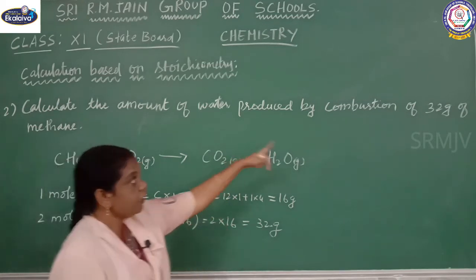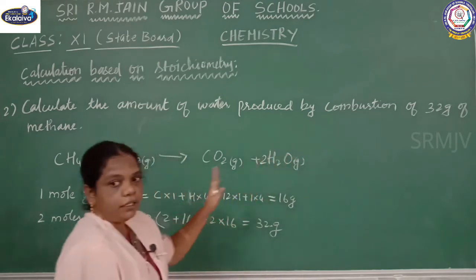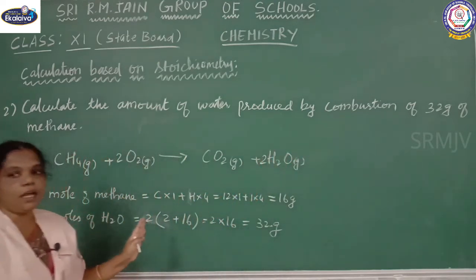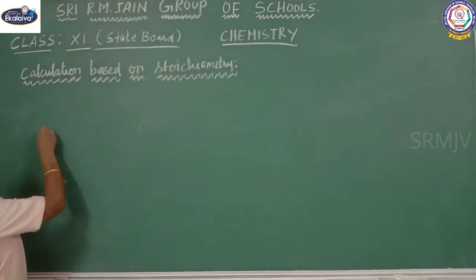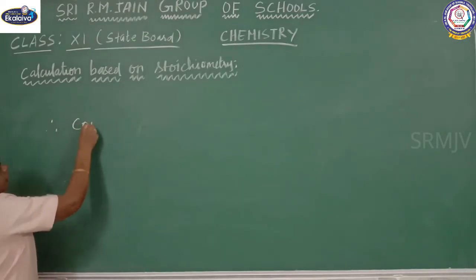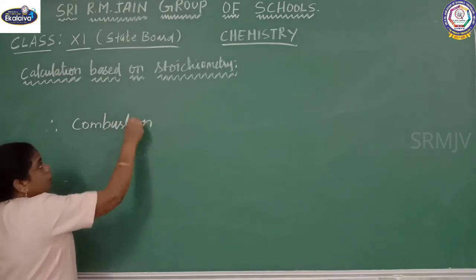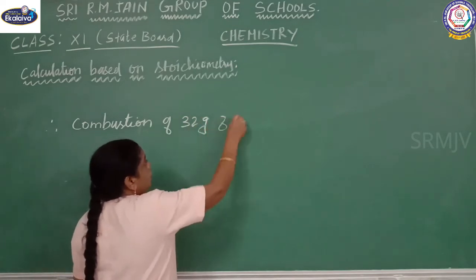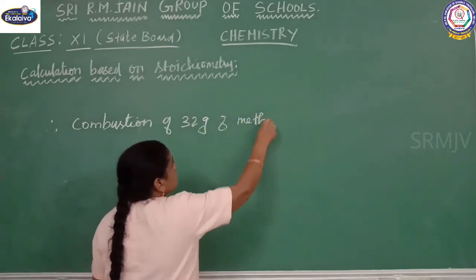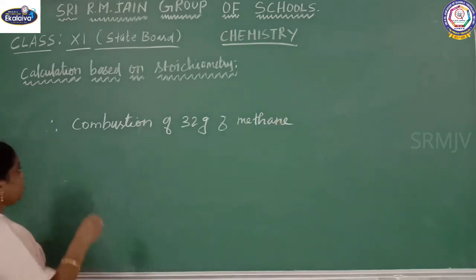Now you want to increase the amount of methane, to 32 grams of methane. So now you want to calculate the amount of water. Therefore, combustion of 32 grams of methane produces this amount of water.